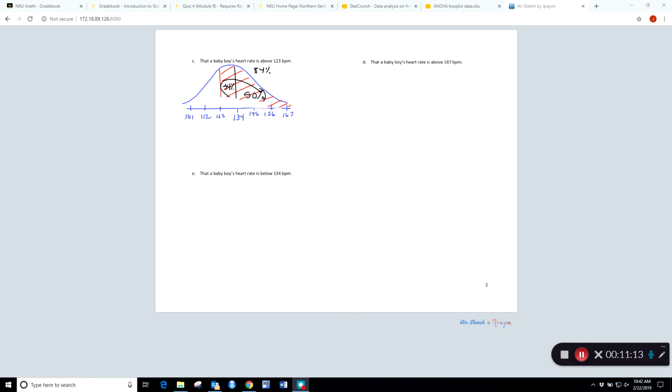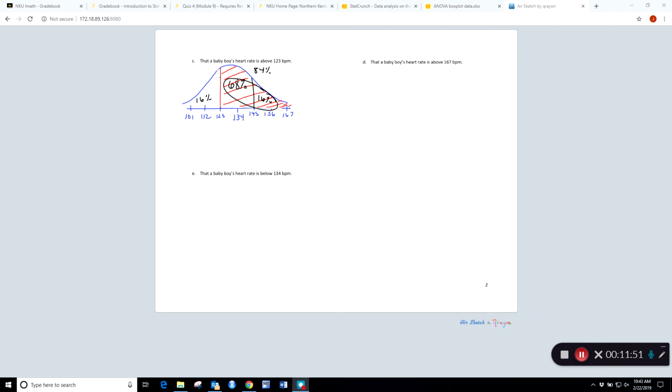Another way we could do this. Again, just another way of thinking about the problem. Still looking for the same thing. Instead, I could break it up and say, well, I know that one standard deviation out in either direction is 68%. My whole picture has to add up to 100%, so that means I have 32% left. Half of it goes here, half of it goes here. So this piece would be 16%, and this piece would be 16%.